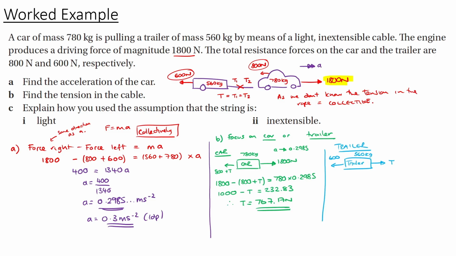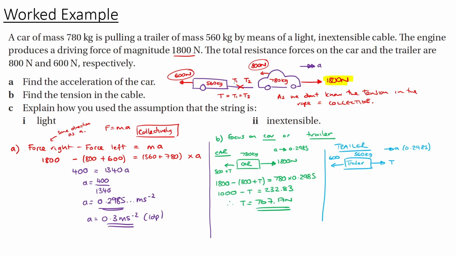And here, as acceleration is going in this direction, we've got 0.2985. The reason why I'm not using 1800 is because that's the total driving force, which is going to be the car, because the car is pulling the trailer. It's not going to be the driving force of the trailer, which is an important thing to bear in mind.